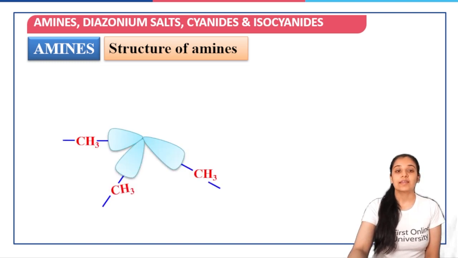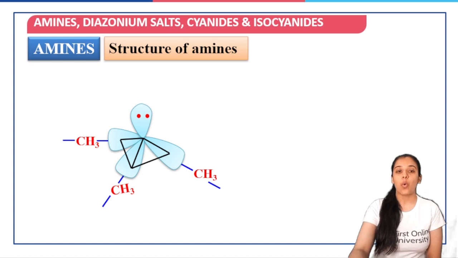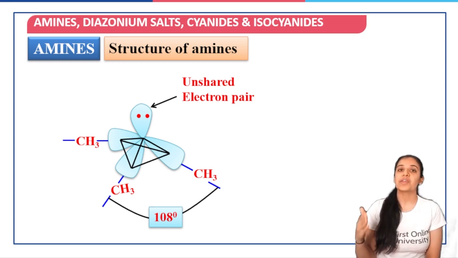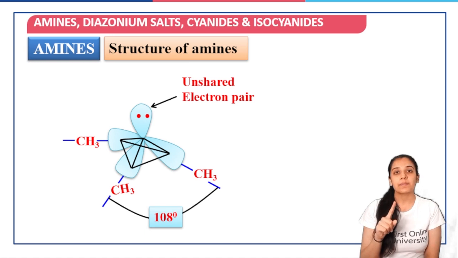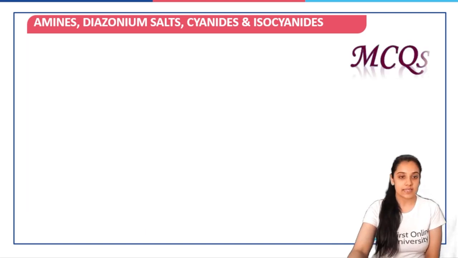Here we can look at the structure in detail, where in the center we have the nitrogen atom, which is sp3 hybridized, where 3 of the 4 sp3 hybridized orbitals overlap with the orbital of carbon, and one of them has an unshared electron pair. The bond angle is 108 degrees instead of 109.5 degrees. Since there is one lone pair present, the bond angle gets reduced by approximately 1.5 degrees, giving the bond angle to be 108 degrees in this particular case.